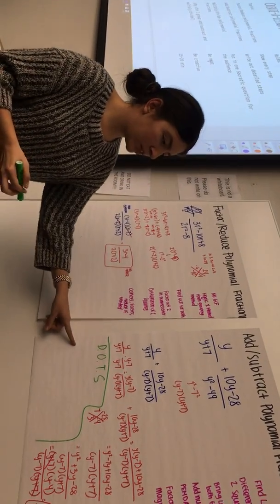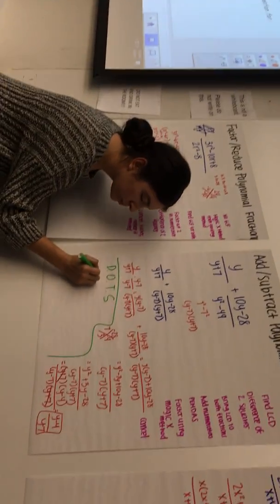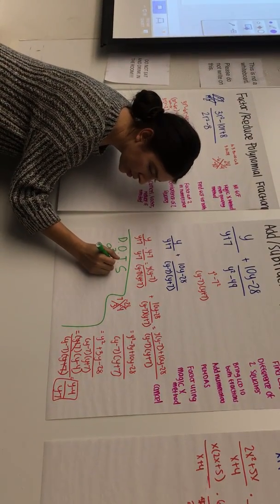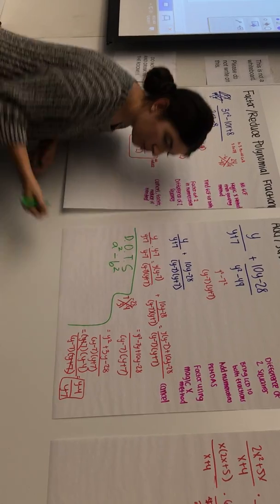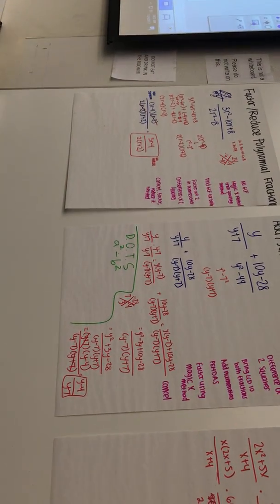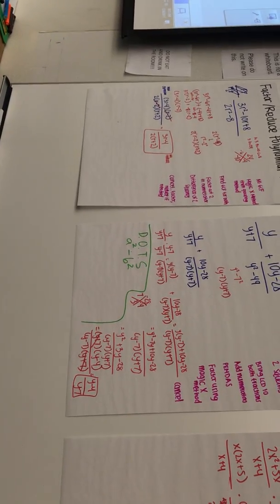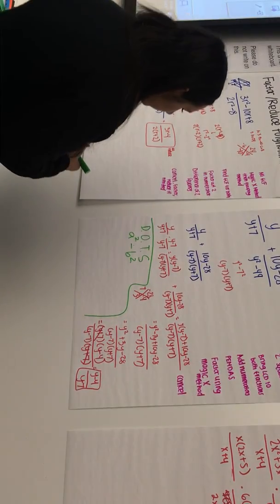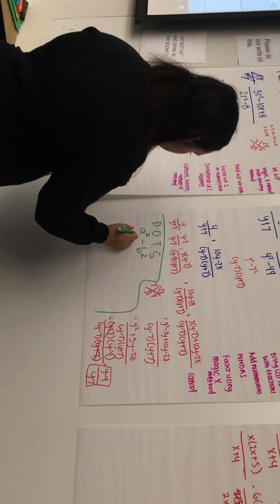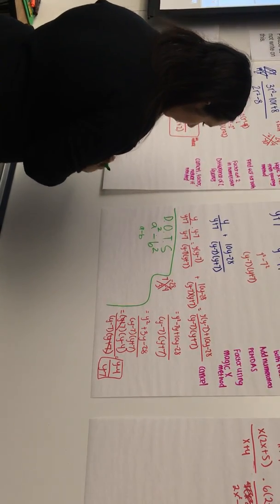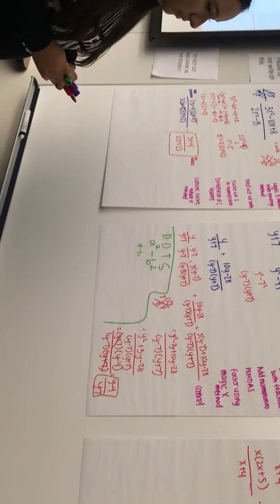So the formula for difference of squares, if you have A squared minus B squared, what do you end up having? Can you write the rest? It'd be A minus B. Right? Mm-hmm. And then?